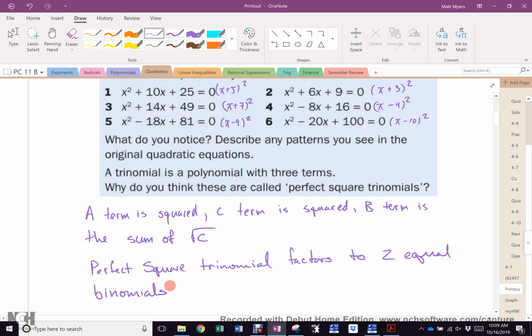Right? Because number 1 up here, x squared plus 10x plus 25, is really x plus 5 times x plus 5, yes? We just shorten it to x plus 5 squared.